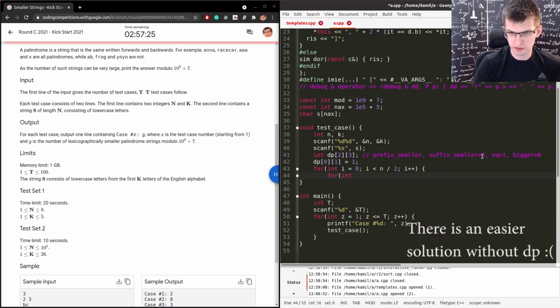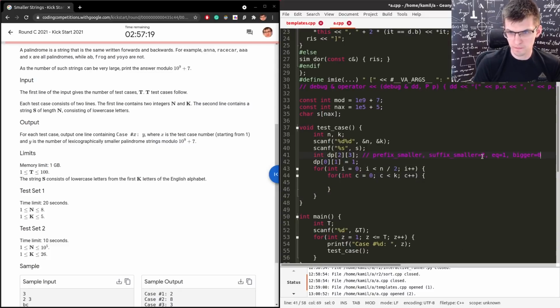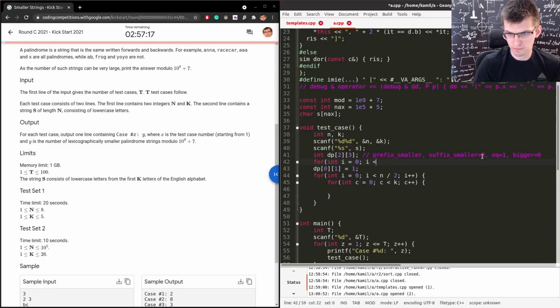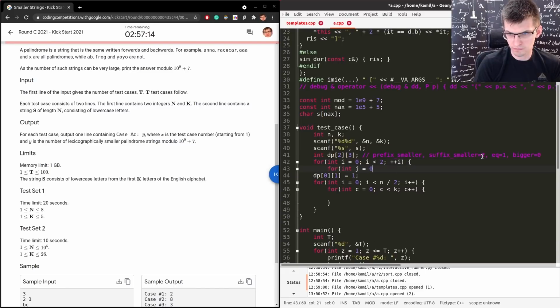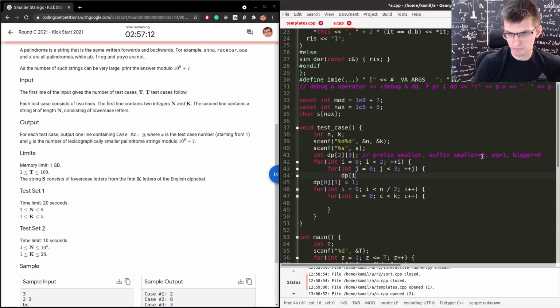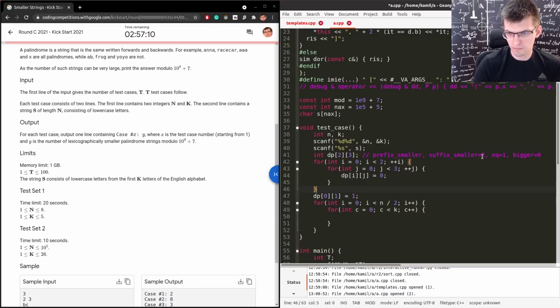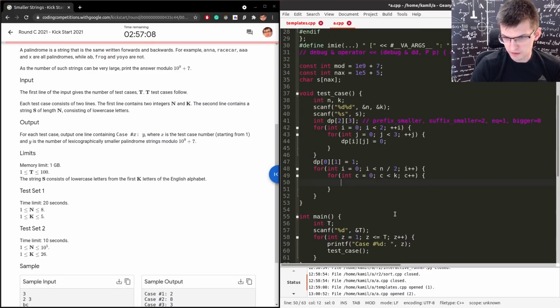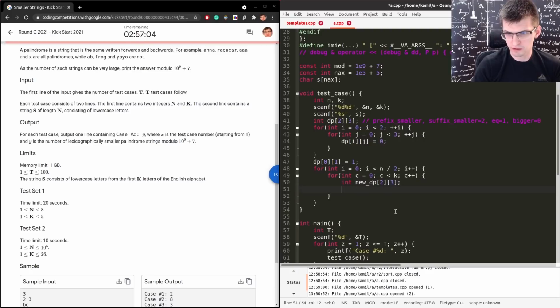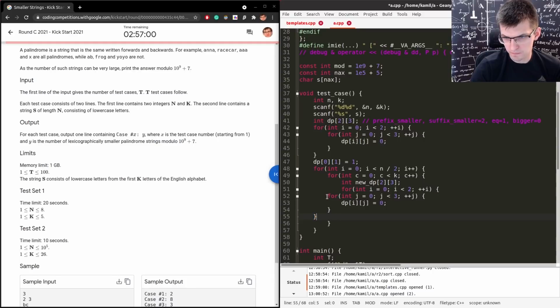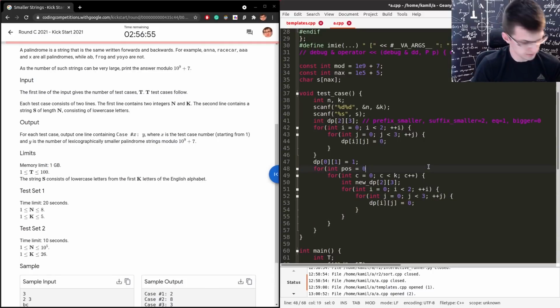We iterate over the character to put here. And here we will create a new DP array like that. I will call this position.